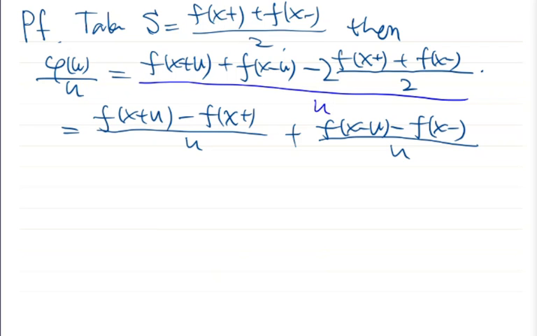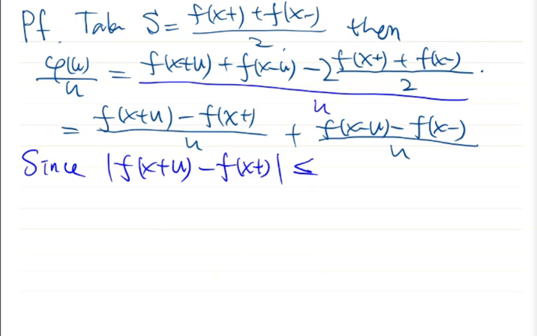Okay, so since f satisfies the Hölder condition, that is, |f(x plus u) minus f(x plus)| is less than L u to the alpha. And this is also true for the left limit, for u in the small interval.